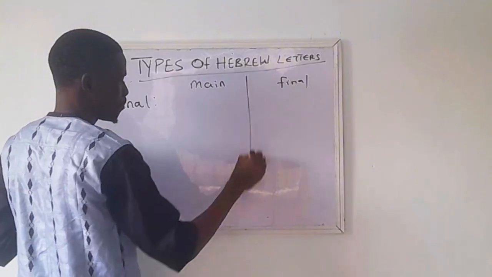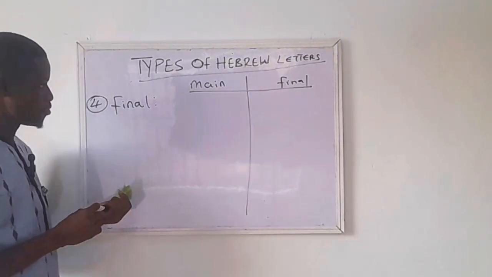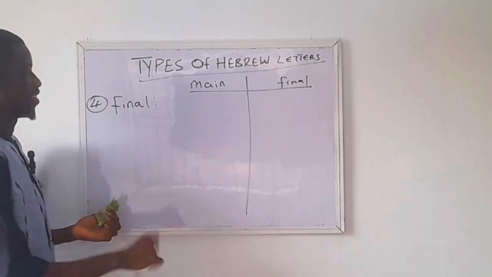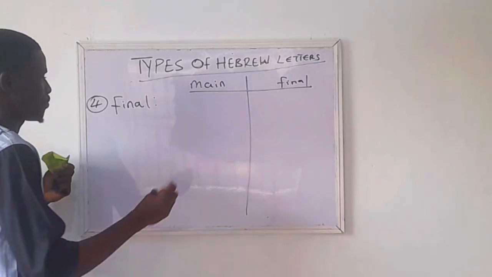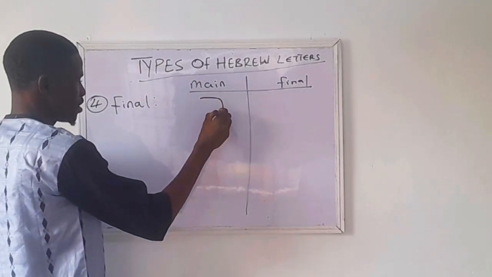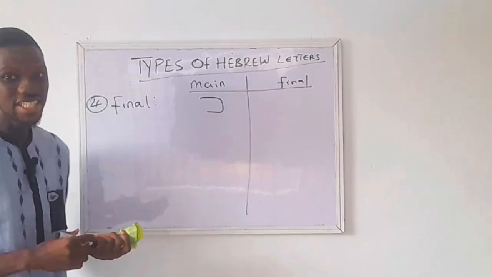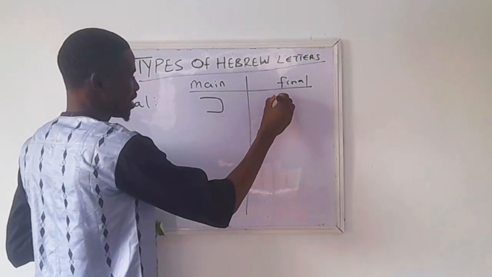The main and the final form. This marker is also getting low. Okay. The main and the final form. Now we have kaf. Remember, it's looking like an opposite C. Kaf. But when kaf comes at the end of a word, it looks almost like a dalet.